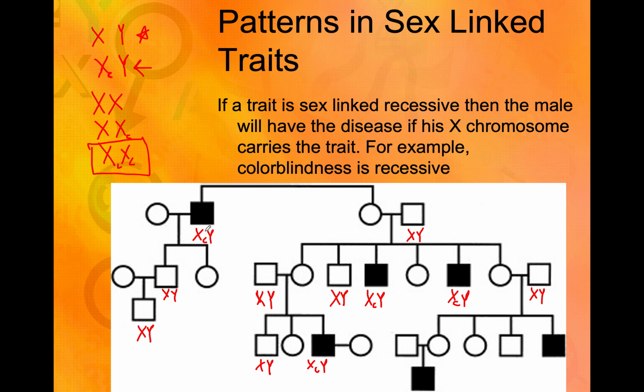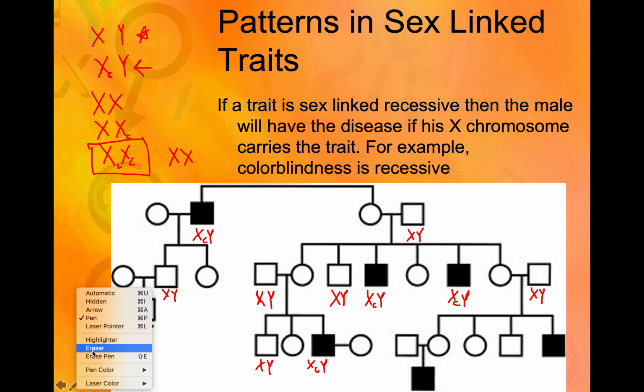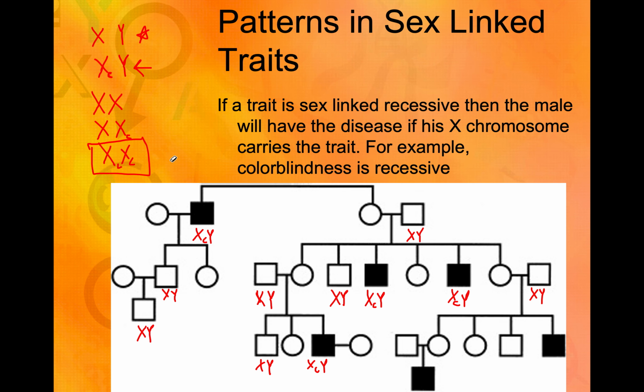Because what if we just can't tell for certain? Well, you're going to have a lot of times where you have an X and then an X with a question mark. I'm just moving this over here because I don't want to write down onto my chart there. Actually, I am just going to put it down there because I don't want you guys to be confused. So erase that.